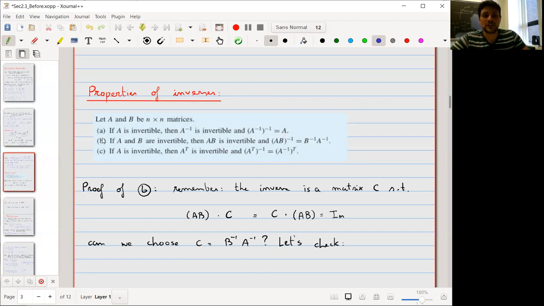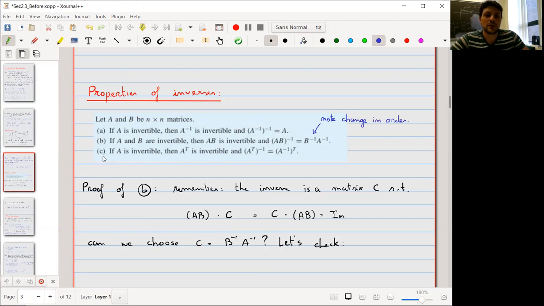If you have two matrices that are both invertible, then their product is also invertible, and the inverse of the product is the product of the inverses, but again, notice the change in order. AB inverse is B inverse A inverse. We'll think more about this property in a second.